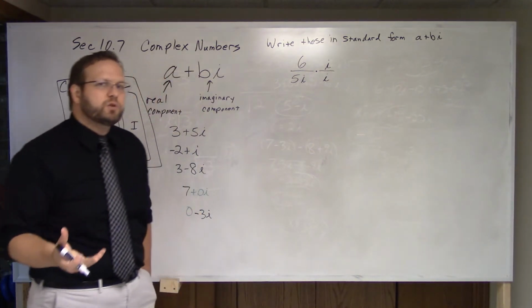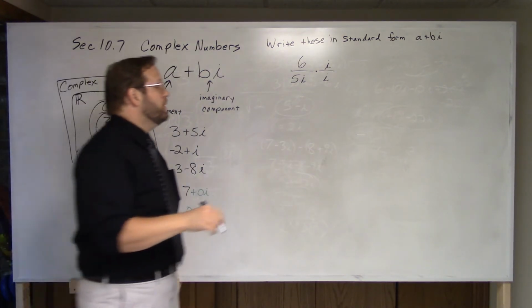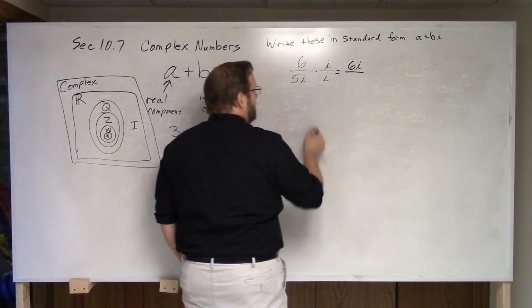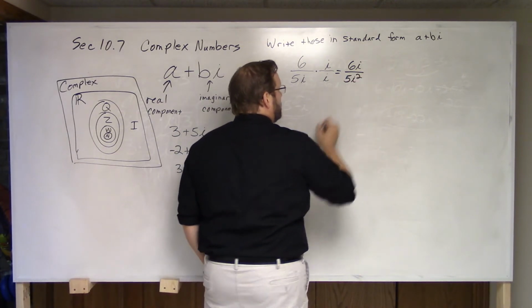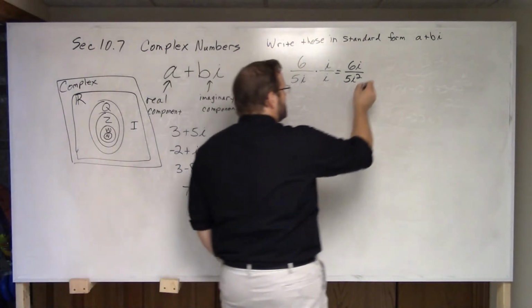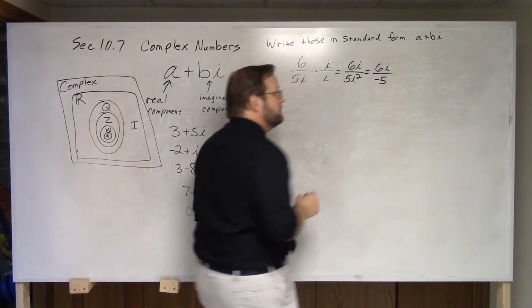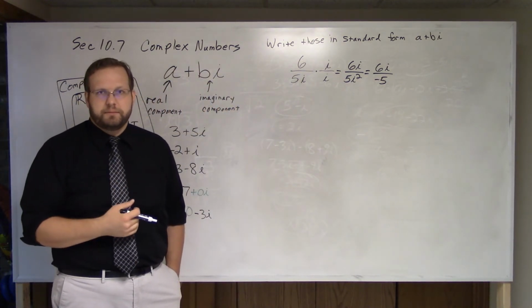Because once it's i squared, boom, negative 1. No more i. Okay, so what I get is 6i. And then down here, I have 5i squared. Okay, but where's the i squared go? 5i squared is simply a negative 5. Again, I drop the i squared and I change the sign.